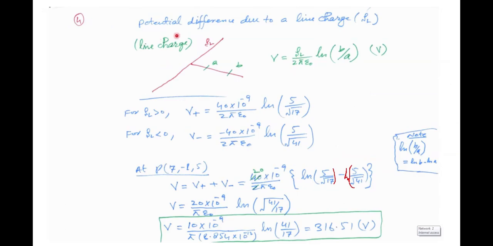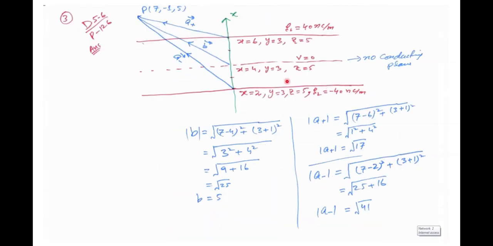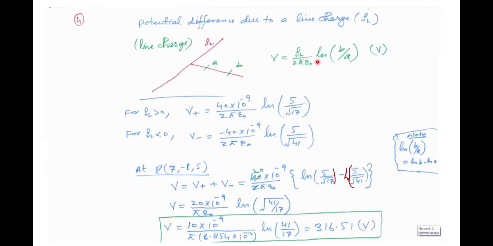The potential due to a line charge is given by this relation, that is V equal to rho L, where rho L represents the line charge density, divided by 2 pi epsilon naught, ln b by a. The charge configuration is given in free space, so we use epsilon naught in this relation.